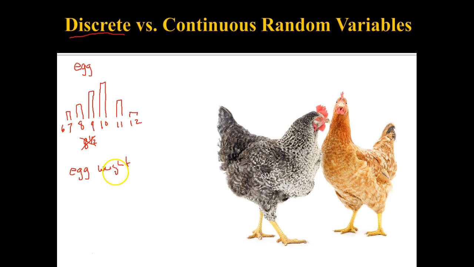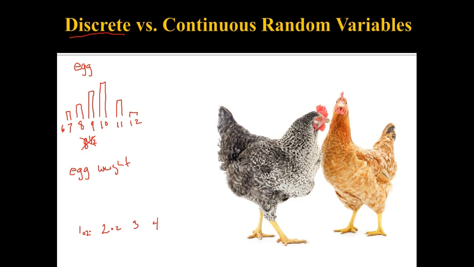If I weigh my eggs, what different weights could I get? Well, it turns out that the average egg weighs about 2 ounces. Although you can get eggs that weigh up to 3 ounces and even 4 ounces. And I actually have some chickens that are kind of small that give me eggs that might be closer to 1 ounce.